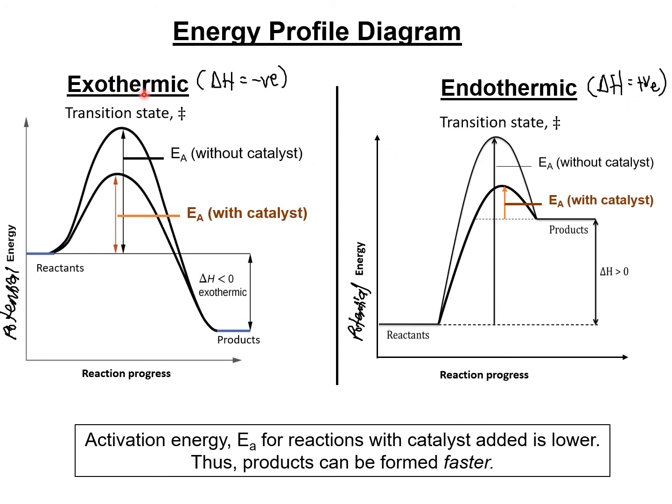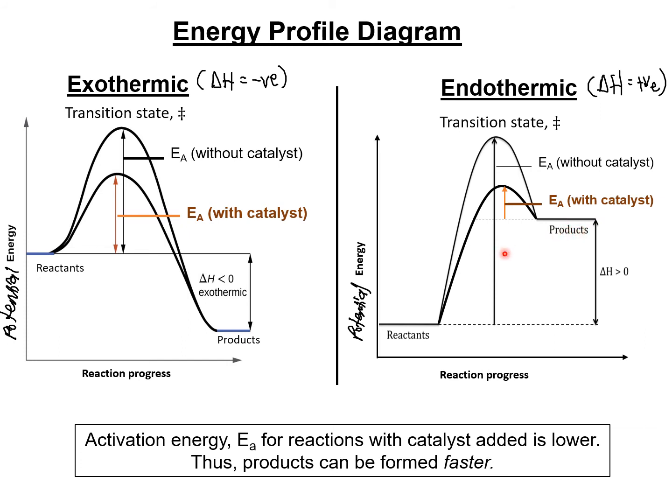As we learned previously in subtopic 1.2, for exothermic, the potential energy of the reactant must be higher than the potential energy of the product, while for endothermic, the potential energy of the reactant must be lower than that of the product.